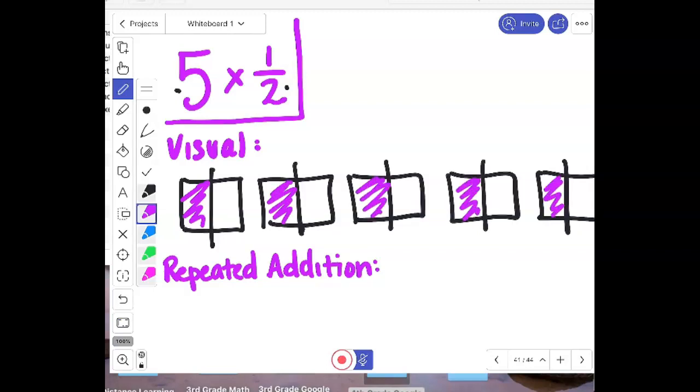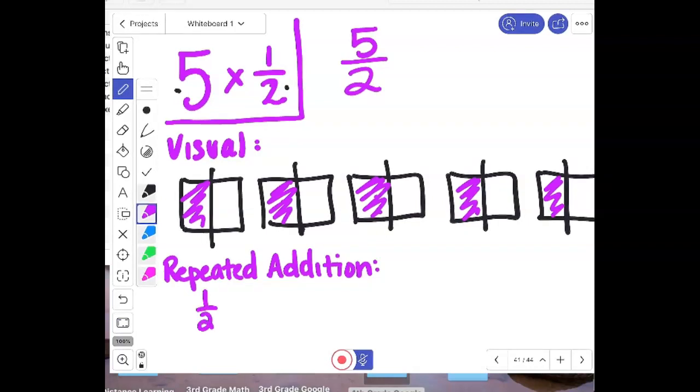And if I add that all together, that's going to be 1/2, 2 halves, 3 halves, 4 halves, 5 halves would be my answer.